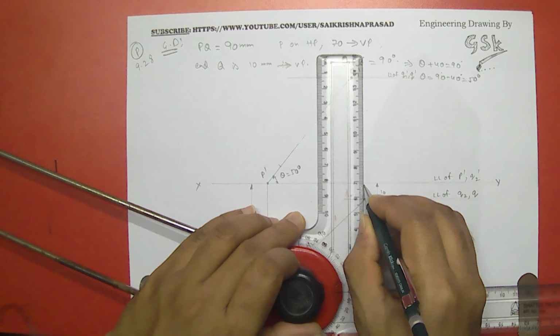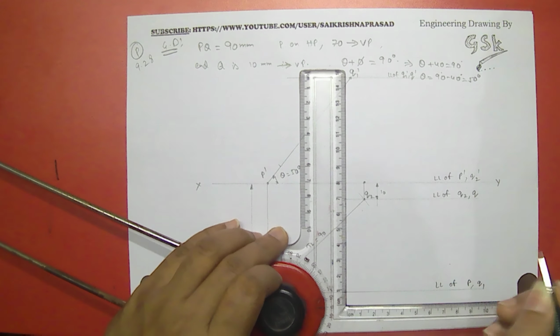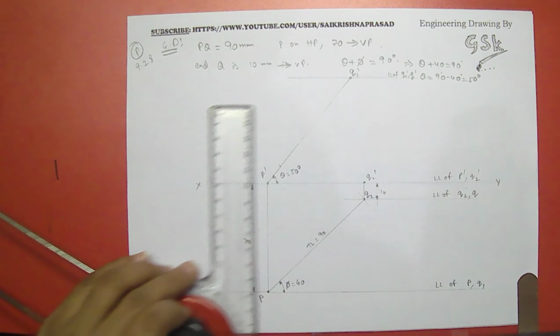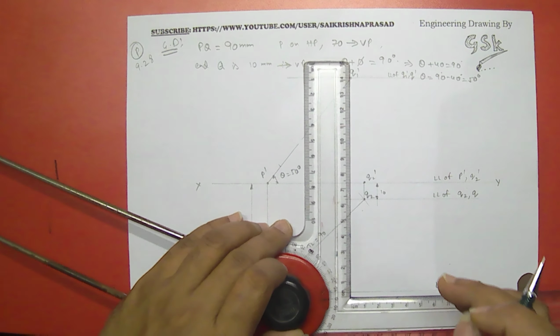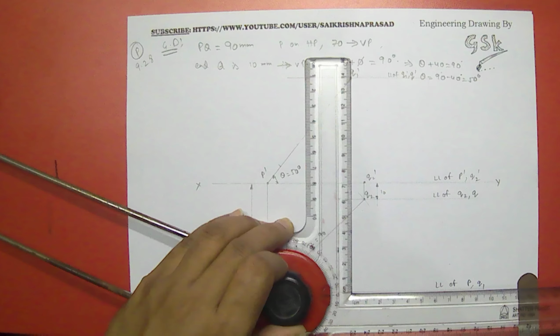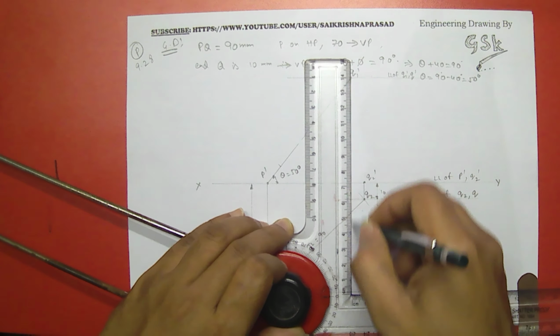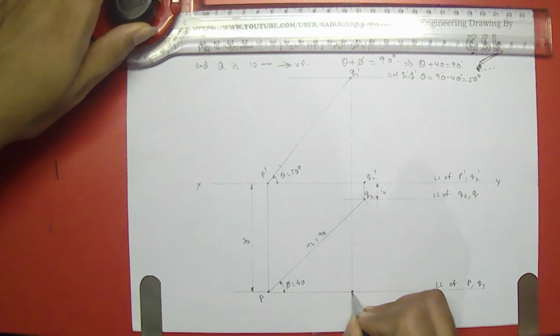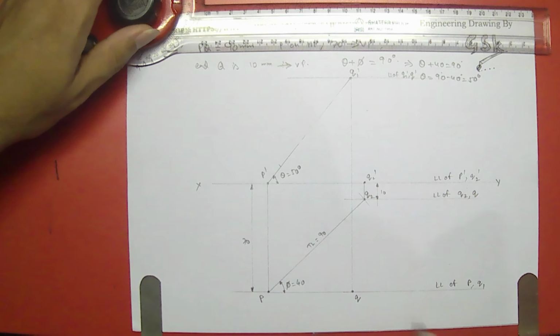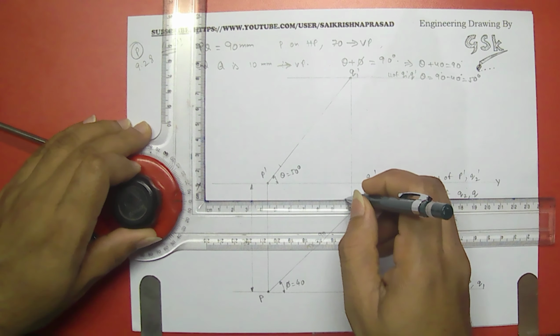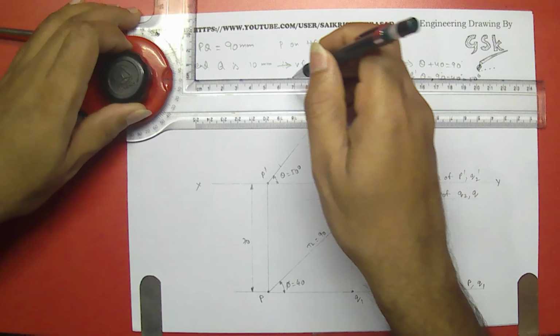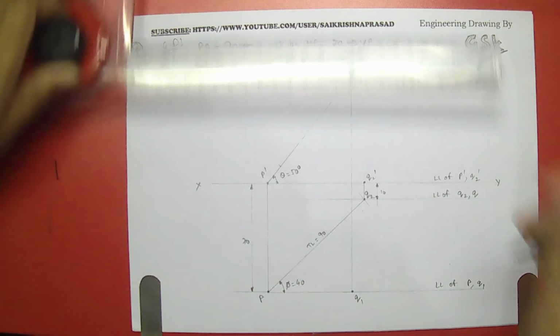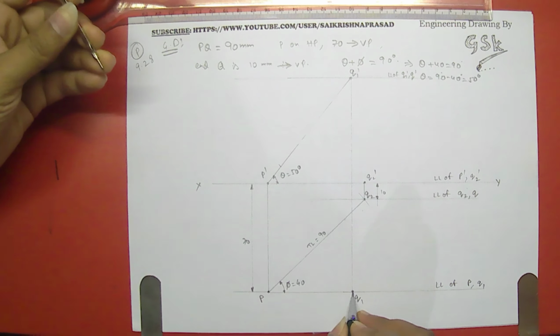Now, I have to project this to the opposite and this to the opposite. This to the opposite, that is here, and this to the opposite. And this is Q1. Let me extend this a little bit, right? Okay, now as we got the points, now I have to project this side and this side.